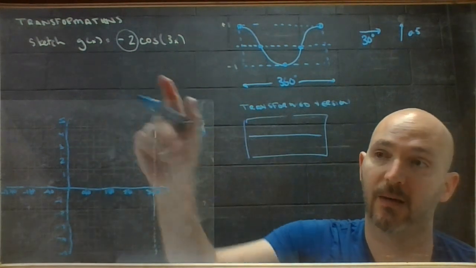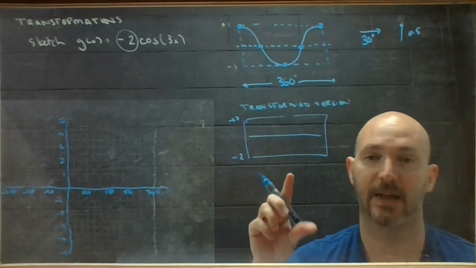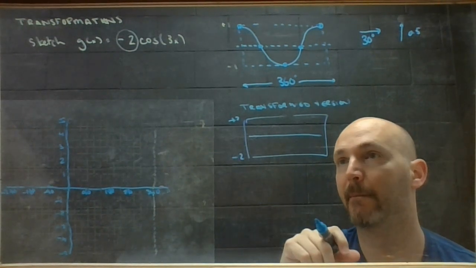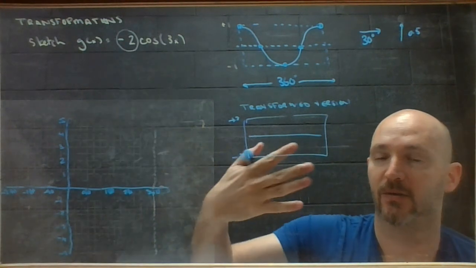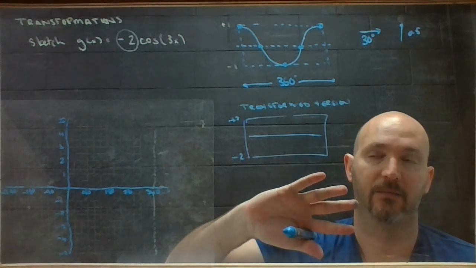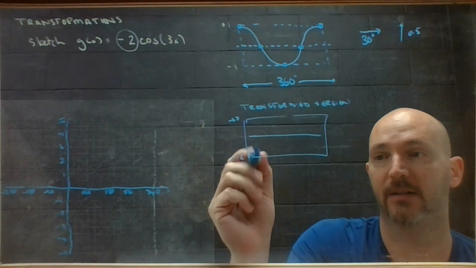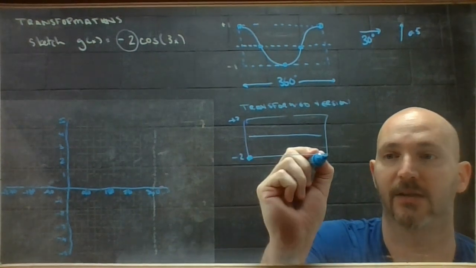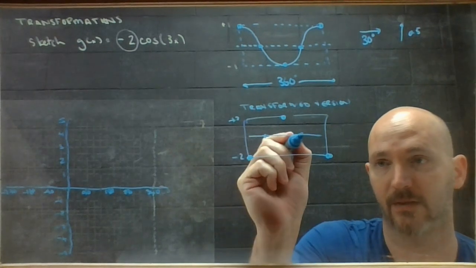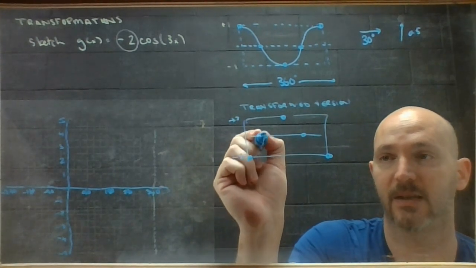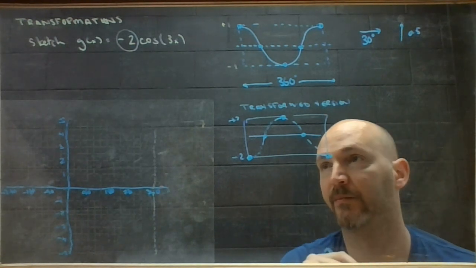It will be 2 up and 2 down because its height has been doubled. And this negative here is going to flip the function this way. So instead of starting high and ending high, it starts low and ends low. Peaks in the center, zeros out there. So this is the pattern I need to draw in each of these rectangles.